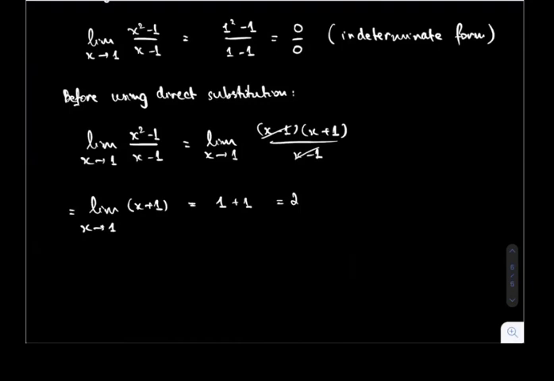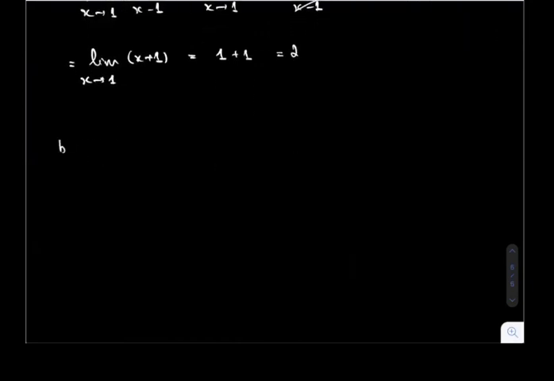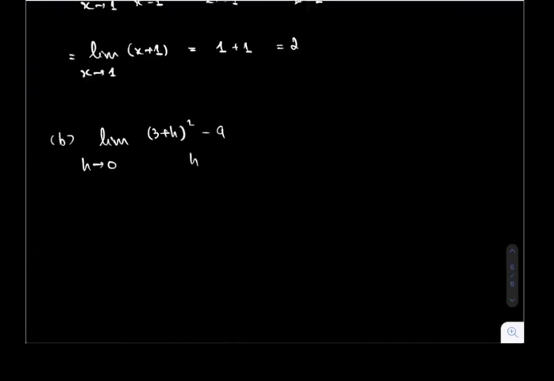So next example, limit of 3 plus h squared minus 9 divided by h as h approaches 0. Right, first, do direct substitution.